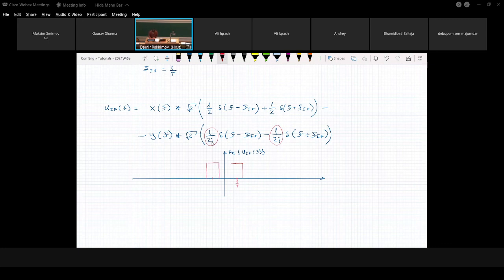Maybe I change the scaling, because otherwise it's shallow. So this is our rectangle. This is 1 over T, the range equals 1 over T, and then we have negative frequencies, minus 1 over T, and we place another rectangular shape function.